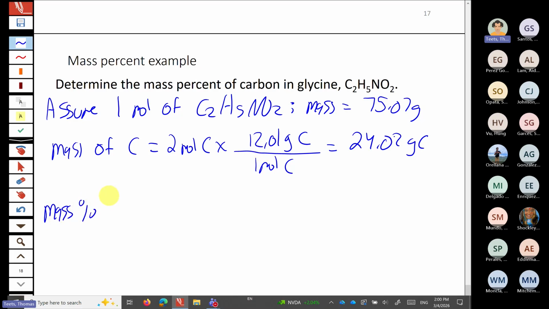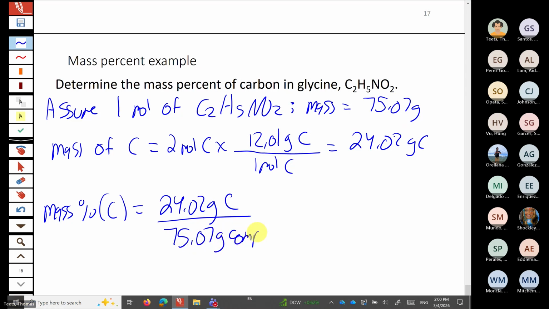It's just those two divided by each other multiplied by 100. So there's 24.02 grams of carbon in 1 mole. The mass of 1 mole of compound is 75.07 grams. Multiplied by 100, and so we get 32% exactly for the mass percent of carbon.